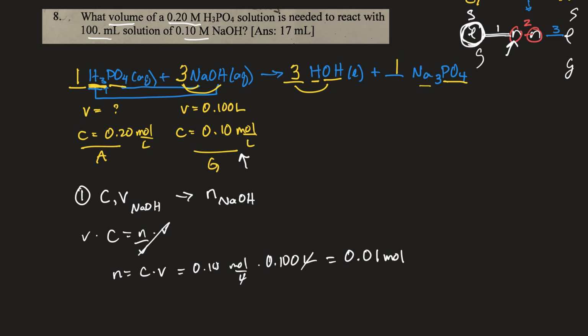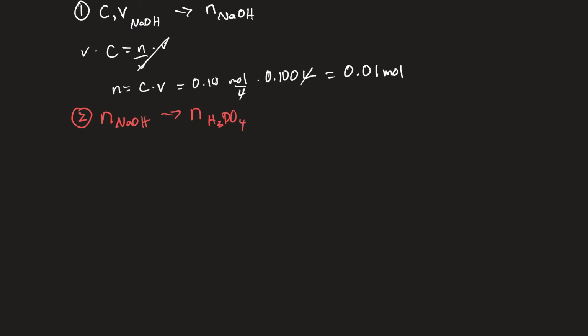So now let's do step 2, where I take moles of sodium hydroxide and convert it to moles of phosphoric acid. So I write what I have, 0.01 moles of sodium hydroxide times the mole ratio.